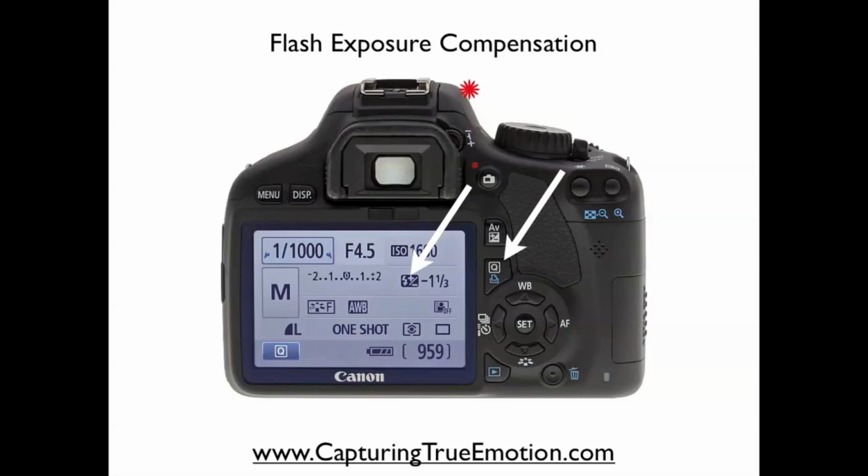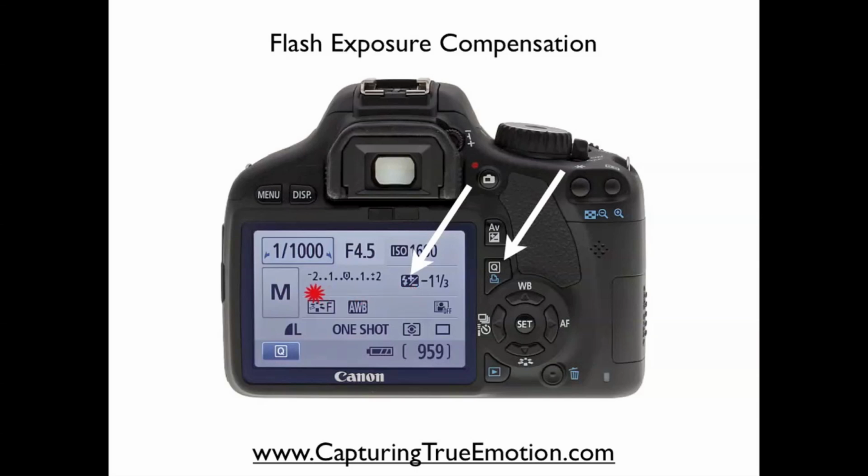Your flash exposure compensation. If you want to power your flash up or down, your dimmer switch, so to say, on your flash, push your quick button here and move your dials to the left or the right or the top or the bottom to navigate up to your flash exposure compensation.